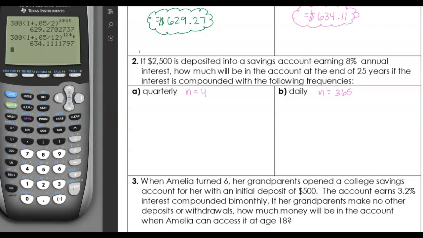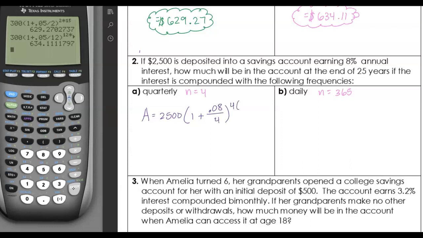I could show you how to write the equation just because I want to show you the difference between these two amounts that we get if we're compounding quarterly versus daily. So here in this first one, we have an investment of $2,500. Our rate is 8%, so we put 0.08 over N, which is 4.